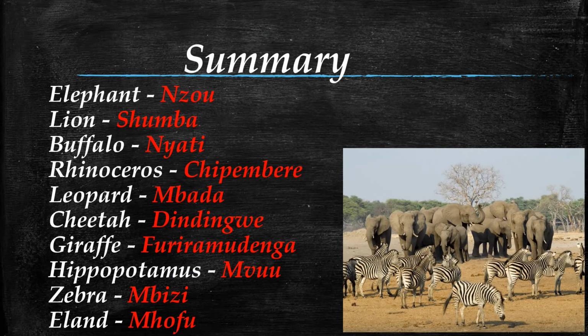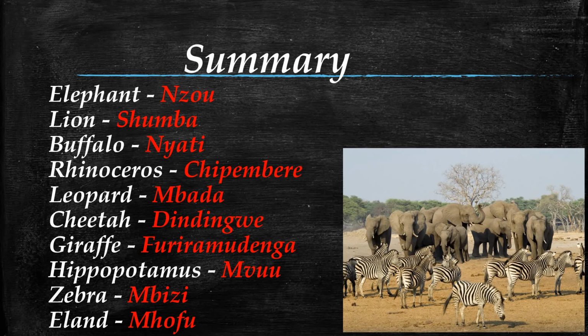Thank you for watching, and here's a summary of what we have covered here. The 10 animals, starting with the elephant, is called Nzou. The lion is Shumba. Buffalo is Nyati. The rhino is called Chipembere. Leopard, Mbada.